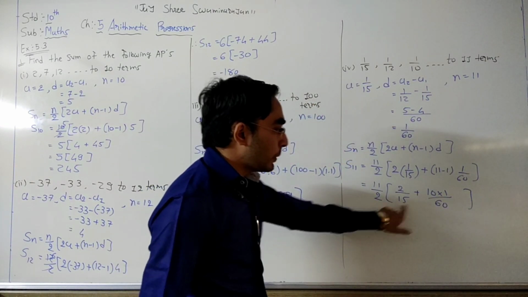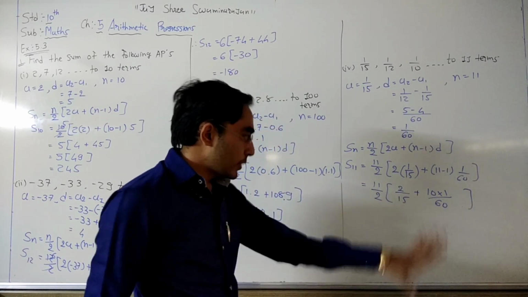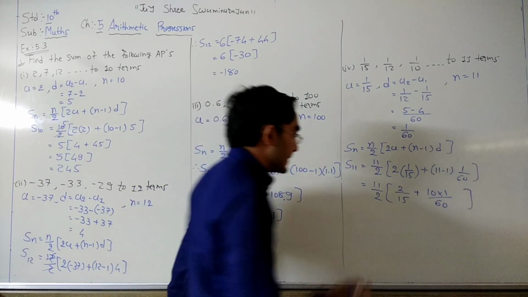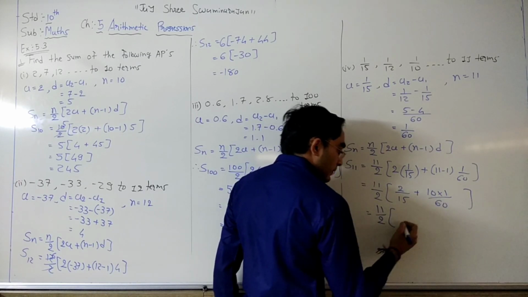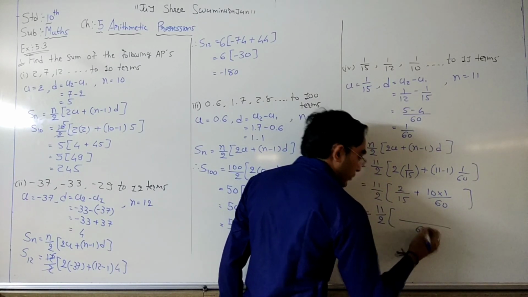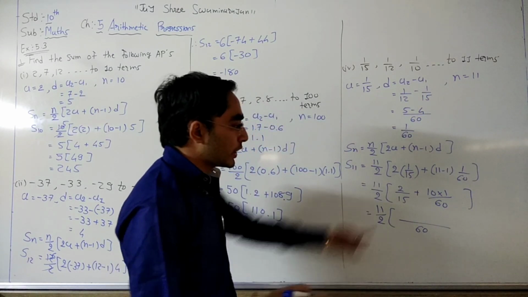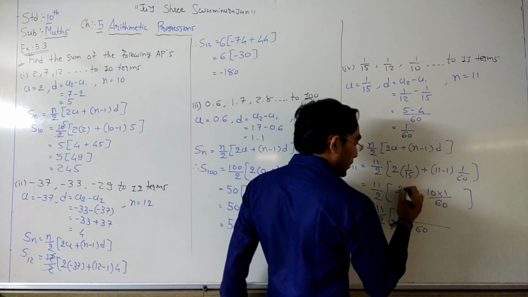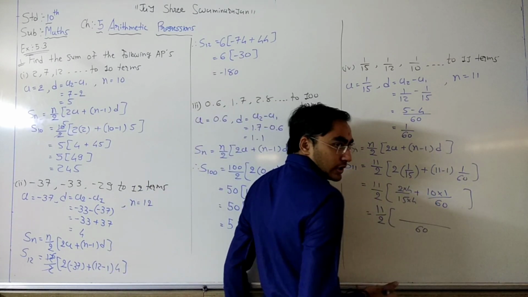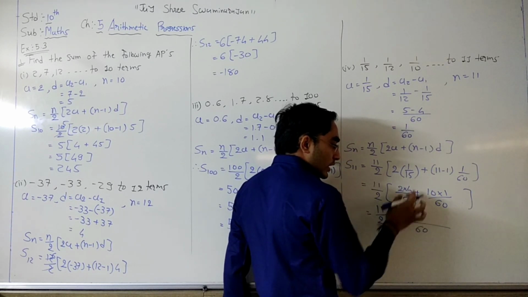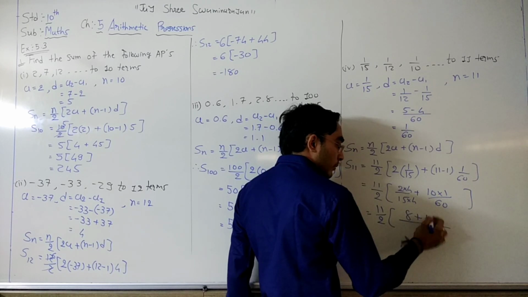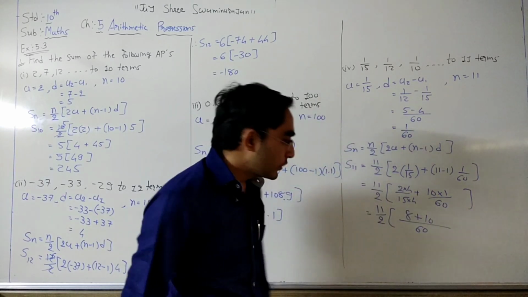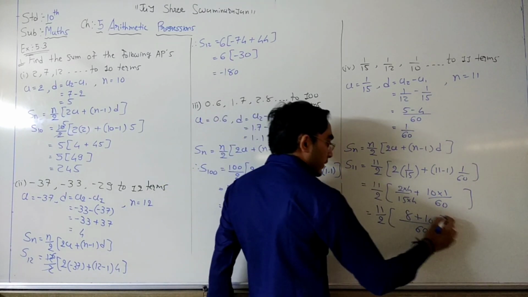So you can easily convert 15 into 60. 15 4s are 60. So 11 by 2 remains as it is. Here we are taking the LCM 60. So multiply by 4 and divide by 4, right? 15 4s are 60. Now 4 2s are 8. Here 10 1s are 10 because we already have the denominator 60, right?